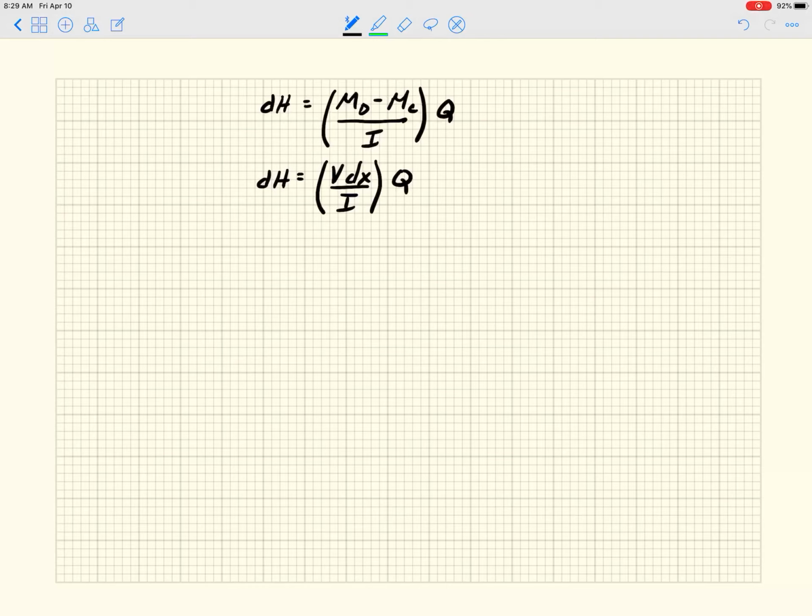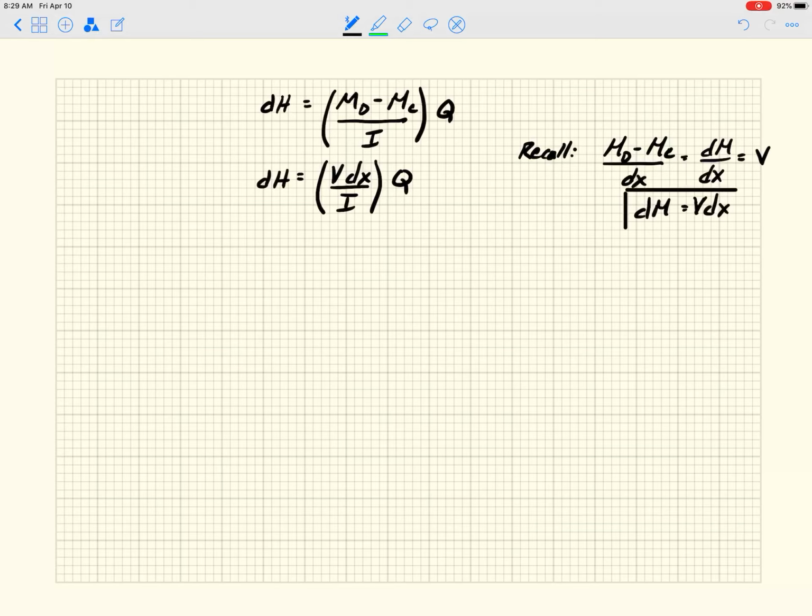times Q. If you recall, MD minus MC divided by dx, we called that dM/dx, and we said that was equal to the shear force. So I can reorganize this and say that dM, which is MD minus MC, actually equals V dx.